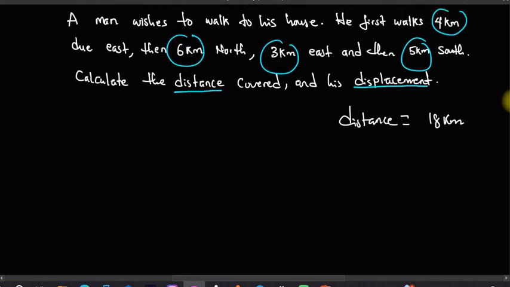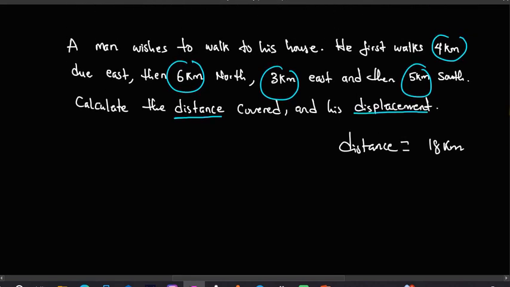But where it really gets tricky is when it comes to displacement. So we have to sketch a diagram for this question so we know exactly what we're doing. Now, he first walks 4 kilometers due east, right? So where is our eastern direction? This way, right? So 4 kilometers due east. Let me label this 4 kilometers. And then 6 kilometers to the north.